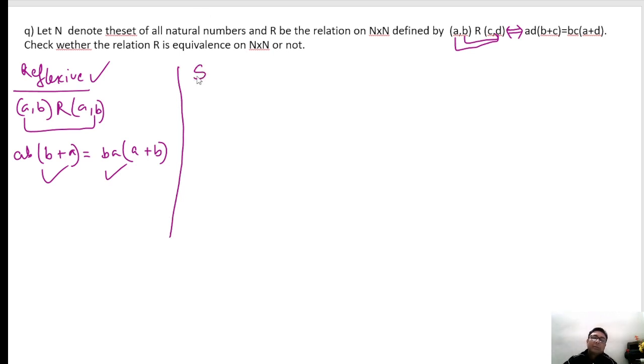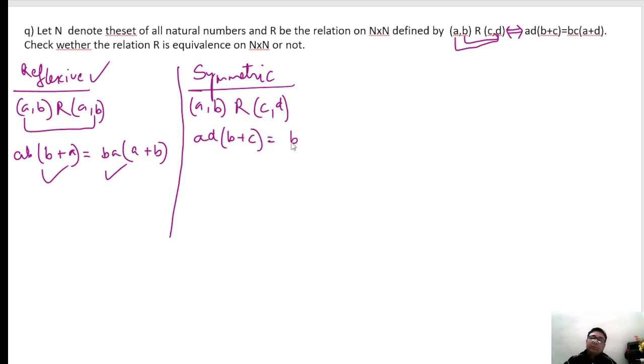Next is symmetric. So what is symmetric? AB R CD is written as AD(B plus C) = BC(A plus D). So they are telling check if this is correct or not. That is CD R AB. Is this correct? So how to write this? See, first we have to take what?